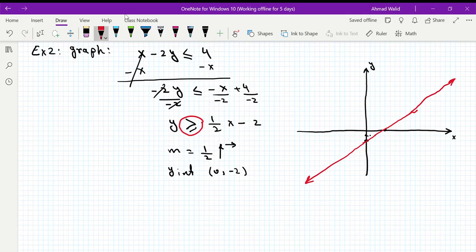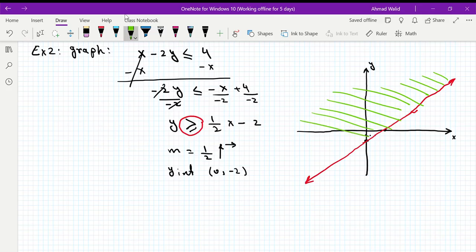Greater than or equal to, the upper part of the graph, right? This is the solution for this linear inequality. They're really easy. It's not a difficult topic, correct?